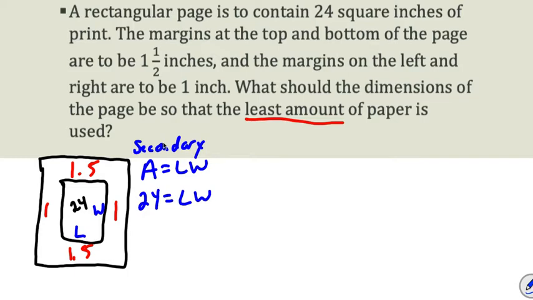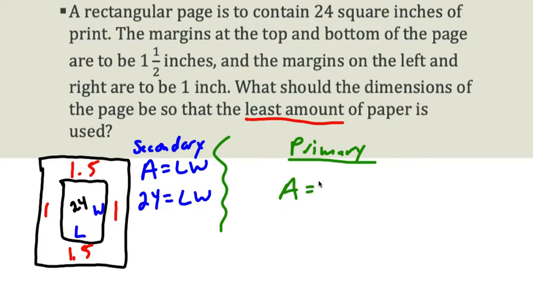But our primary equation, the one that's going to answer this question, is actually the same equation, right? It's the same formula because we're looking for the area, but now we're looking for the area of the big piece of paper. So I'm still going to use, maybe I should change this, and since this is the smaller section, I'll use small variables in here.